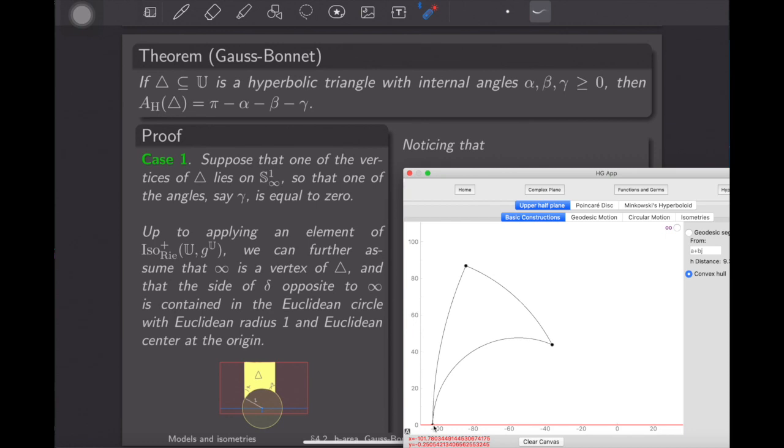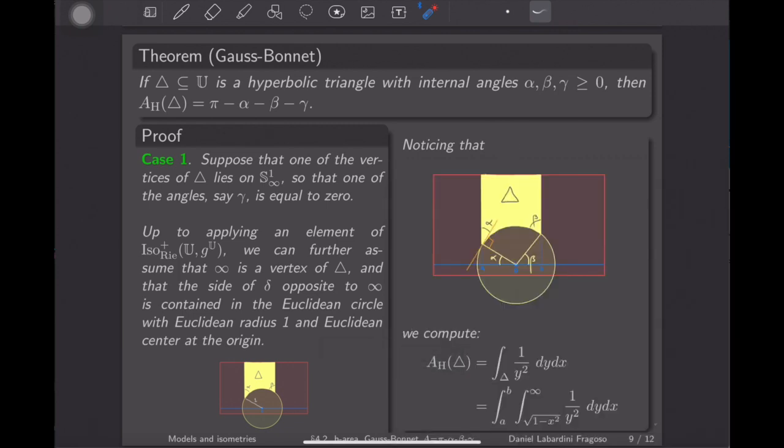So any angle equal to 0 in a hyperbolic triangle actually subtends a vertex of the triangle which is a point at infinity. Okay, but regardless of whether some of them are 0 or not, the area of the triangle is always pi minus the sum of the angles.